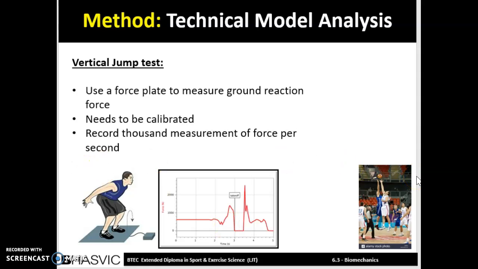Since we don't have access to this obviously advanced equipment, we simply used a simpler method of calculating the vertical jump test to work out how high the performer can jump, and then calculating power from that later on.